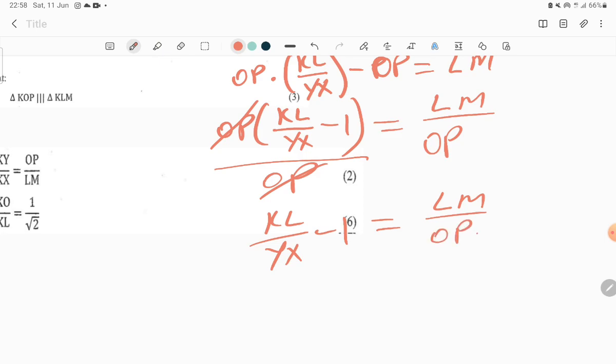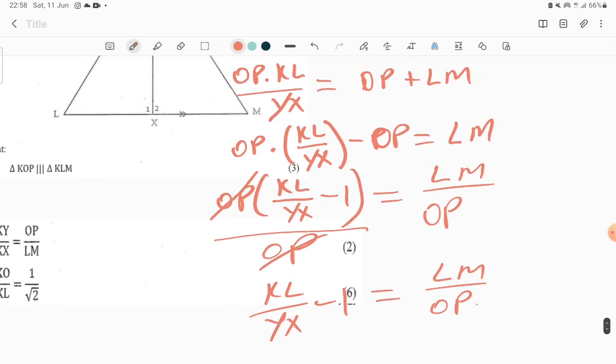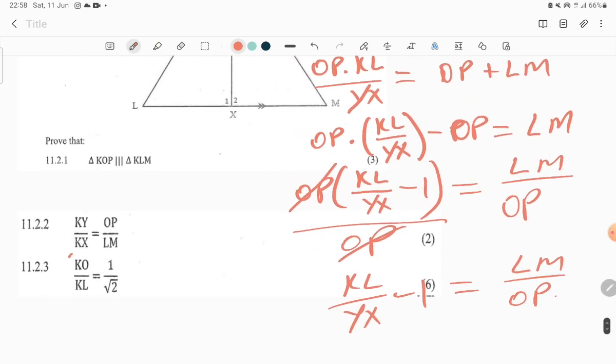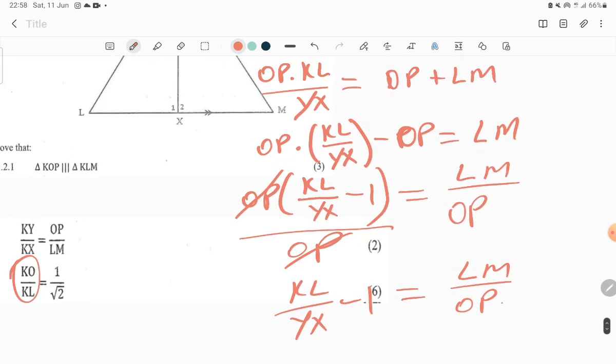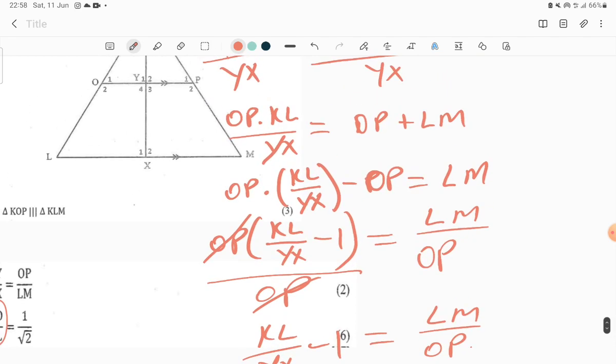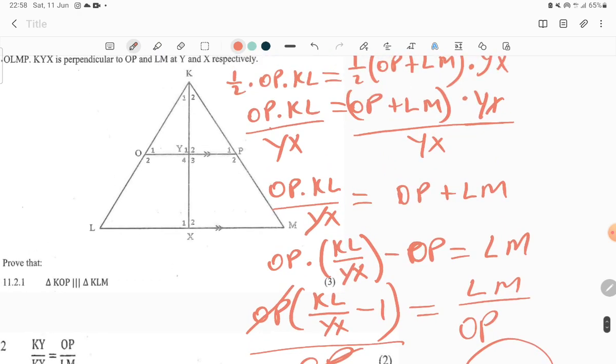At the end of the day, we want to take everything to KO and KL. LM divided by OP is the same as KL divided by KO.